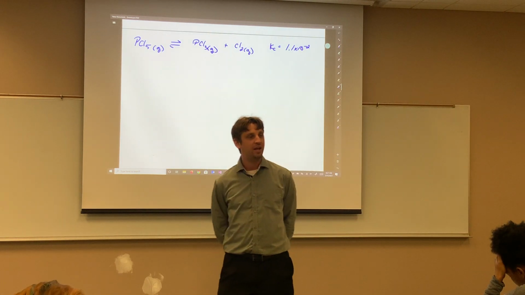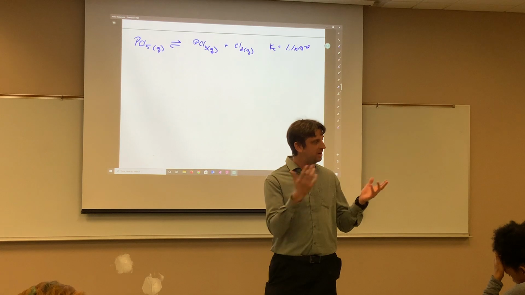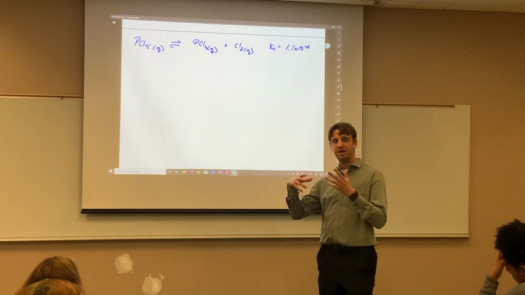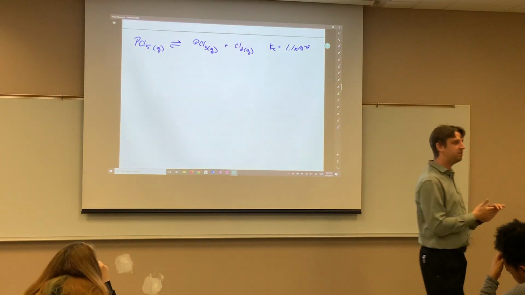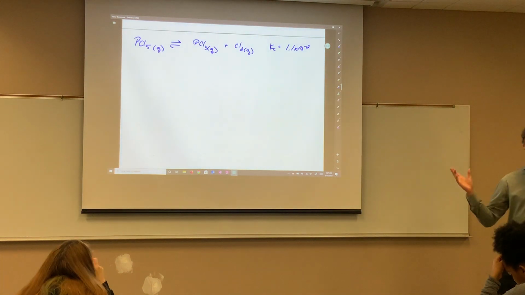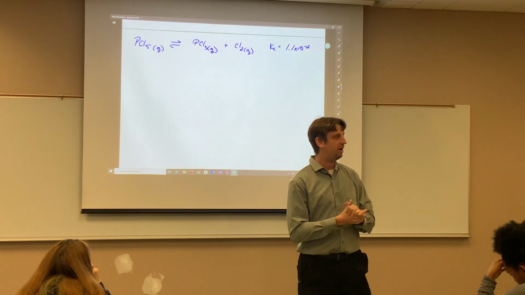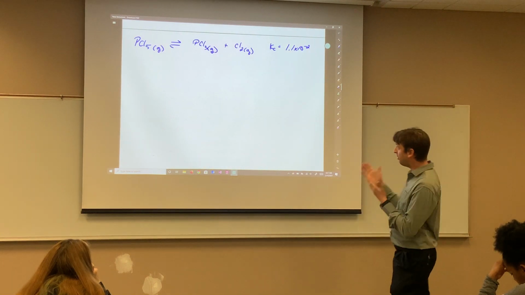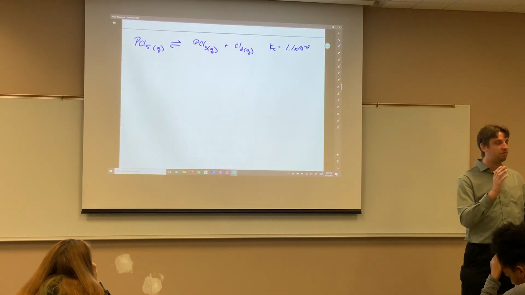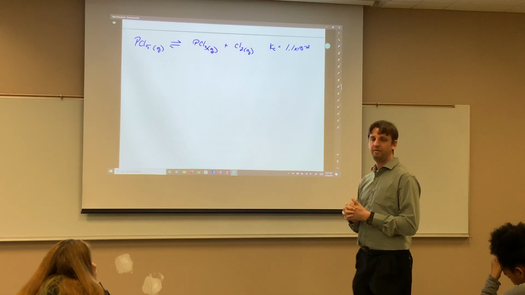So if you remember back in Hess's law, if we manipulate a reaction, if we reverse it, or we multiply it by 2, or divide it by 2, then we change the value associated with that, right? So something similar going on here. If we reverse this reaction, we take the inverse of the K there, right?